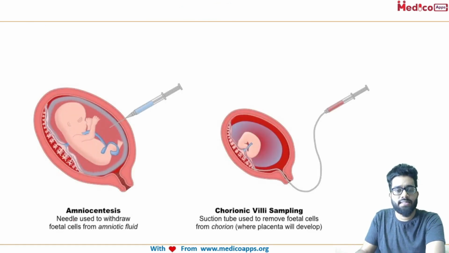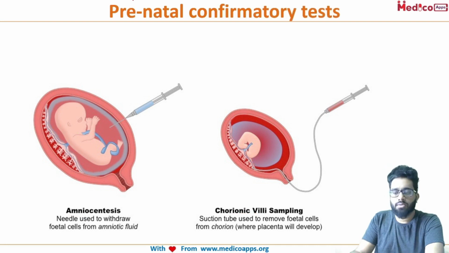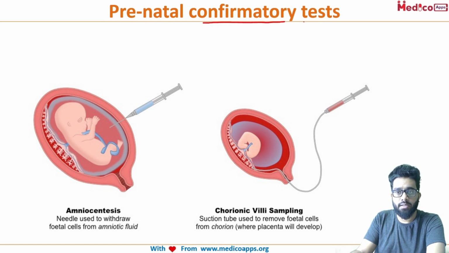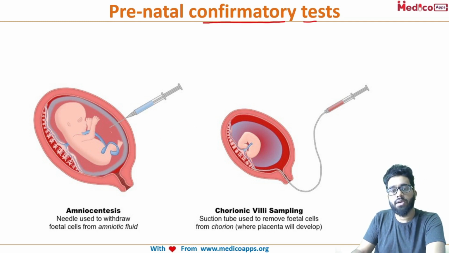We have discussed amniocentesis and chorionic villus sampling. As we all know, these are confirmatory tests and are very accurate. We have looked at the serum screening tests and NIPT, but the gold standard still remains either amniocentesis or chorionic villus sampling, just because we are directly looking into the fetal tissue.